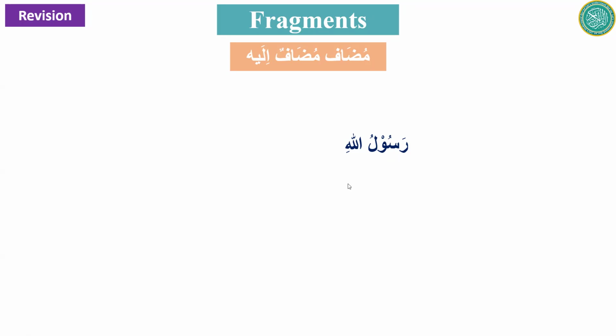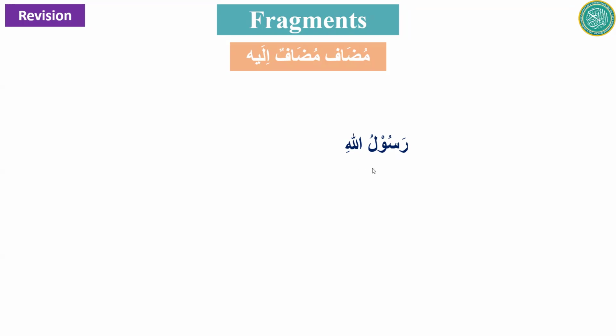It has to be jar. Is it jar? Yes. Does it fulfill all the rules or no? Yes, it does. So it is mudaf mudaf ilayh. Both are ism. It's not a case of jar majroor. There is no ismul ishara at the place where the mudaf should be.